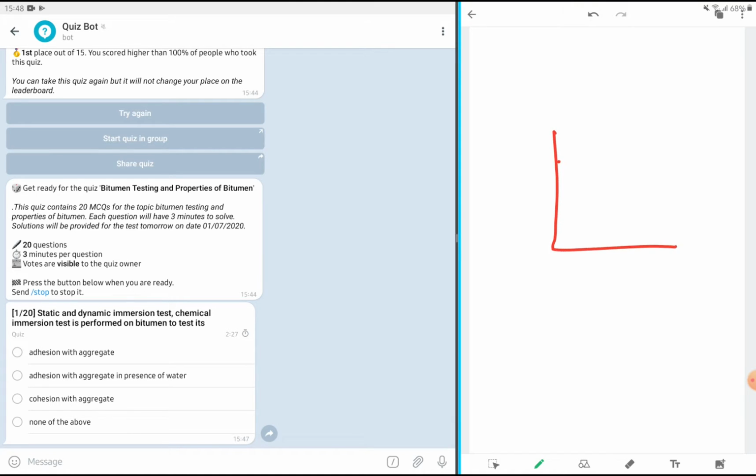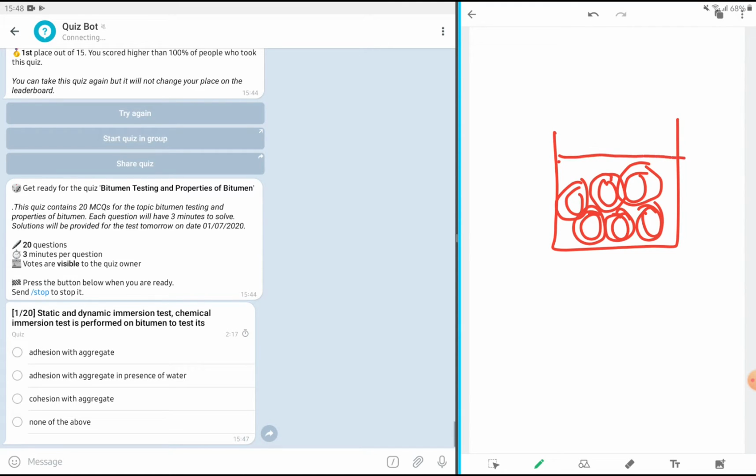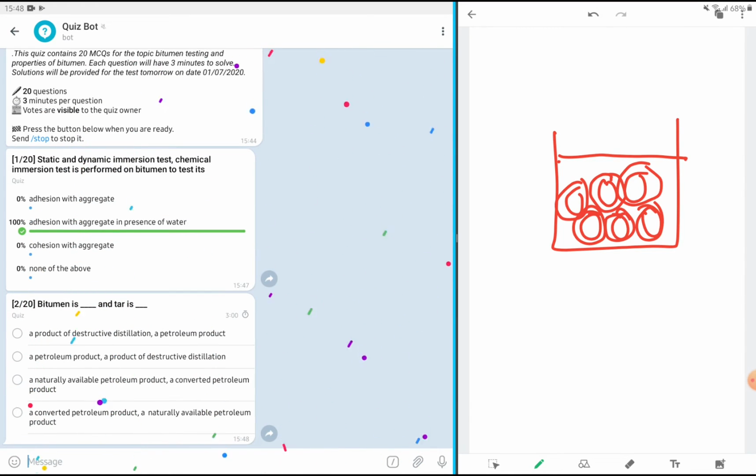Let's say this is a container in which the aggregate is kept and the aggregate is coated with bitumen. Then this whole coated aggregate is kept in this solution, chemical immersion, let's say. So in order to test adhesion of bitumen with aggregate in presence of water, we conduct the static and dynamic immersion tests or the chemical immersion test. So the answer is this one, adhesion with aggregate in presence of water.